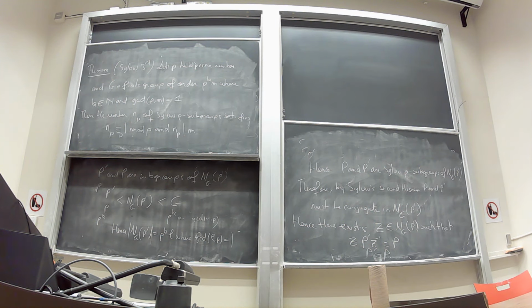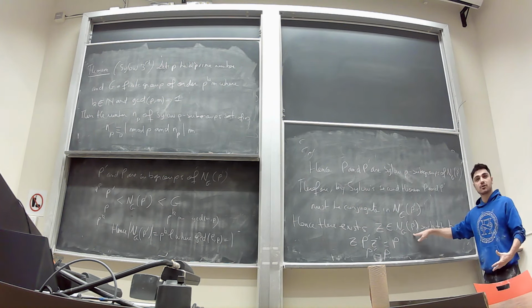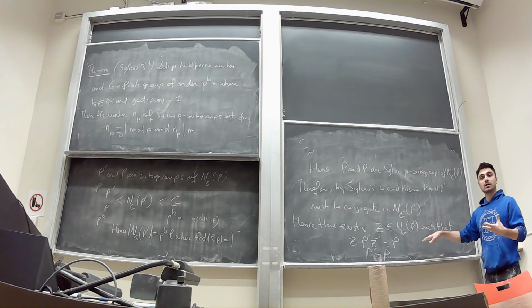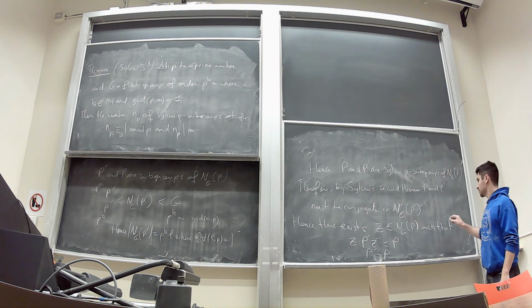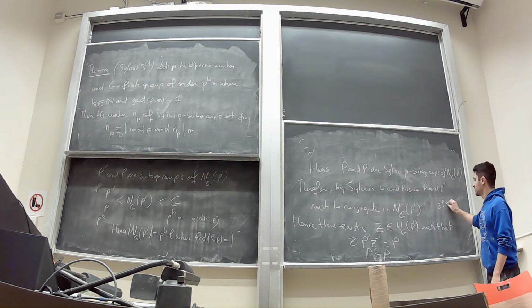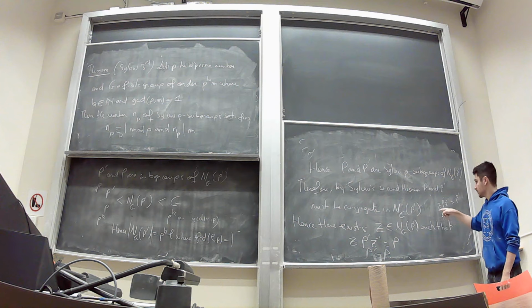Is it clear? Very cool argument. Why? What does the normalizer of P prime mean? How do you check that an element belongs to the normalizer? If z P prime z inverse is equal to what? P prime. This is the definition of the normalizer.